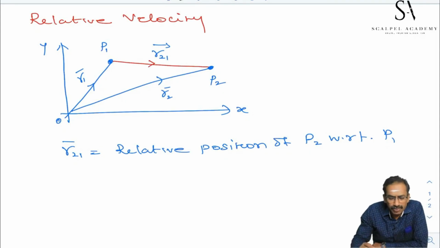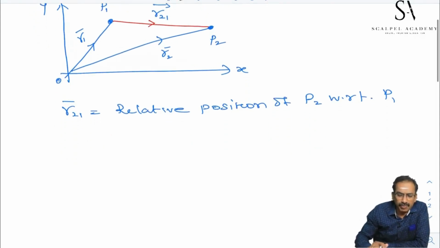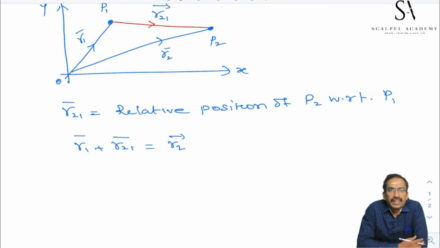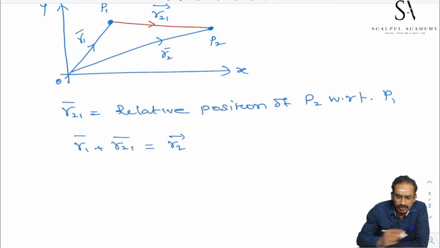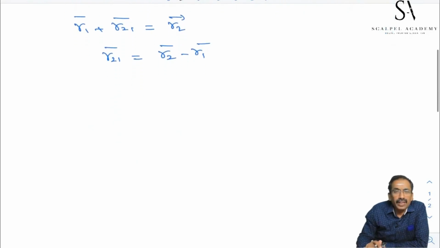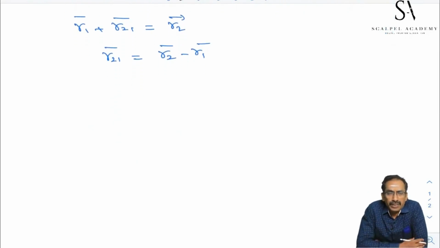From the diagram, you can see R1 vector plus R21 vector is equal to R2 vector. Using the triangular law of vector addition, R21 vector can be represented as R2 minus R1. R21 is called the relative position of P2 with respect to P1.